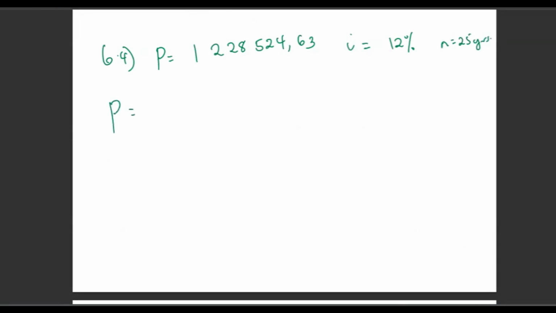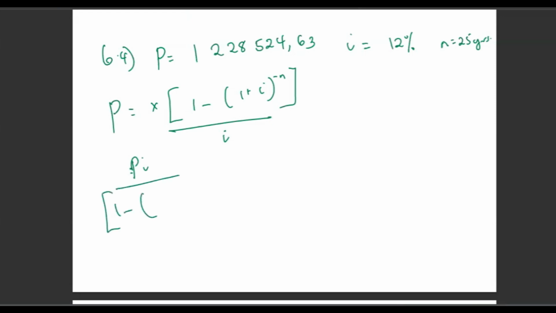We know that the present value formula is x into 1 minus 1 plus i to the exponent of negative n, everything over i. We're looking for x, which means it's P times i over that entire big bracket.